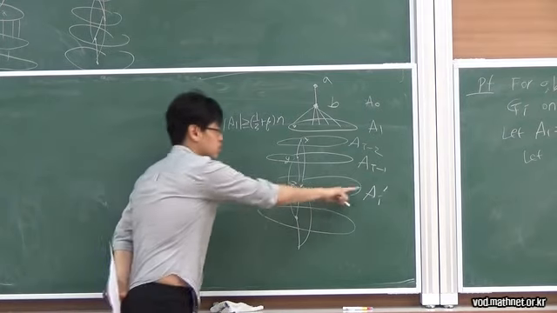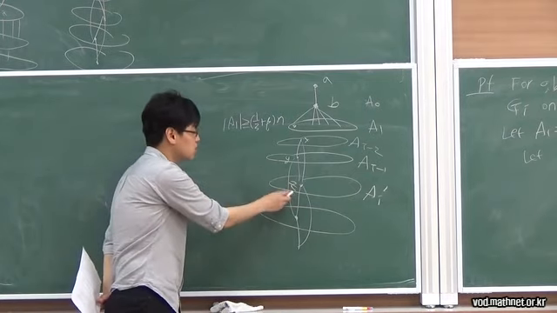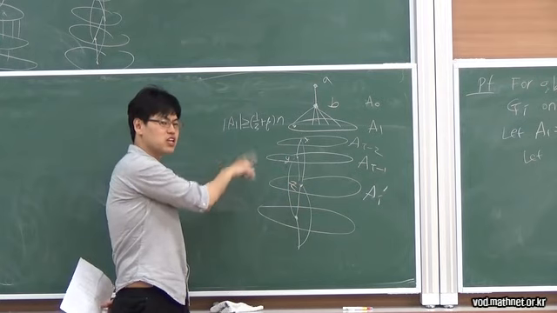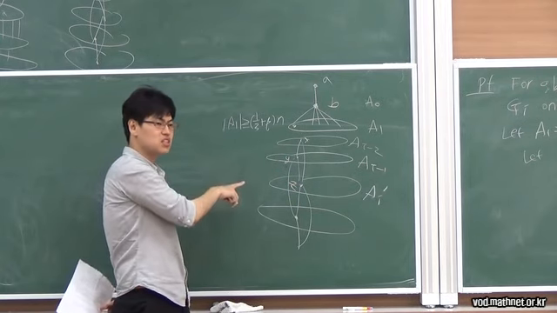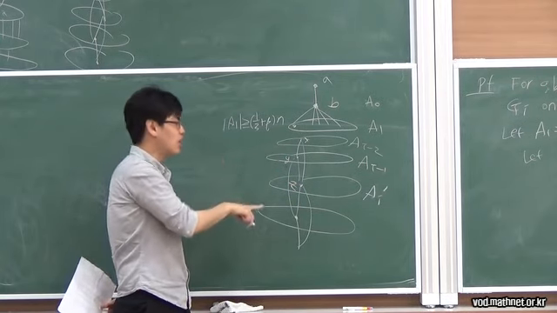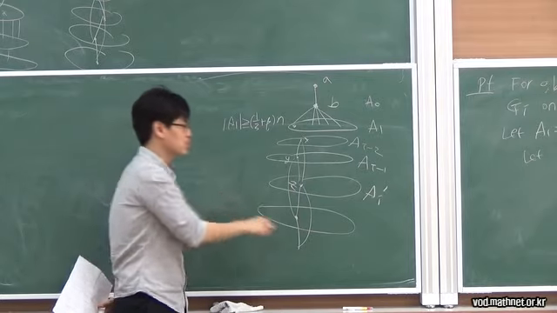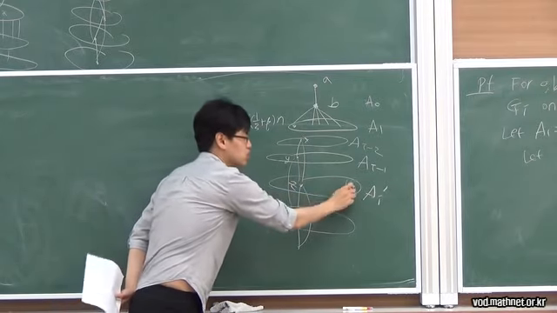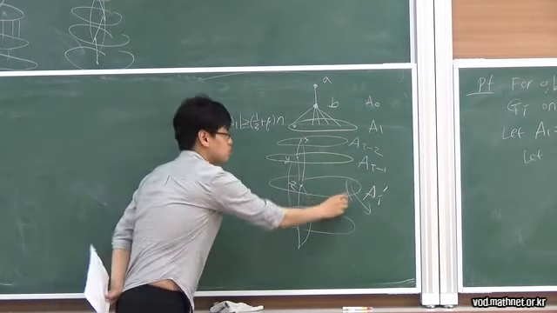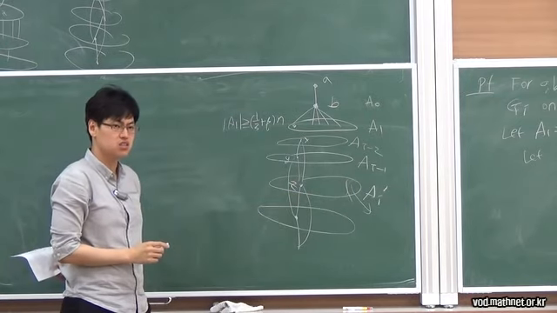And once we obtain A prime, we see whether for this G there are many choices of Y or not. If there are not so many choices of Y, then we will kick it out. And then the leftover is our A.